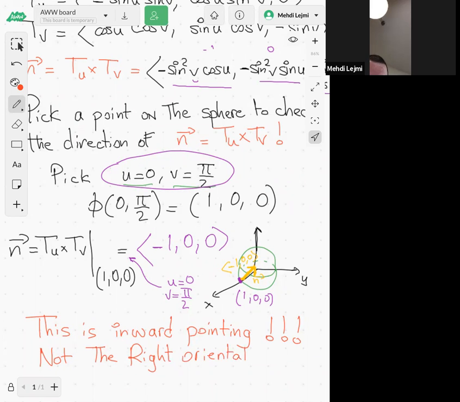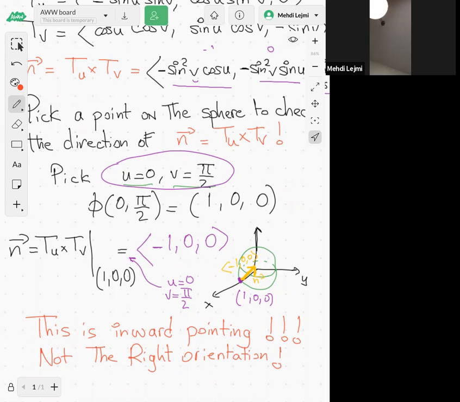So that's not the orientation required in the problem. Okay. Does this make sense to you guys? I mean, you see why this is not the right orientation, right? It's because it's inward pointing, and in the problem, we need to orient the sphere with outward.